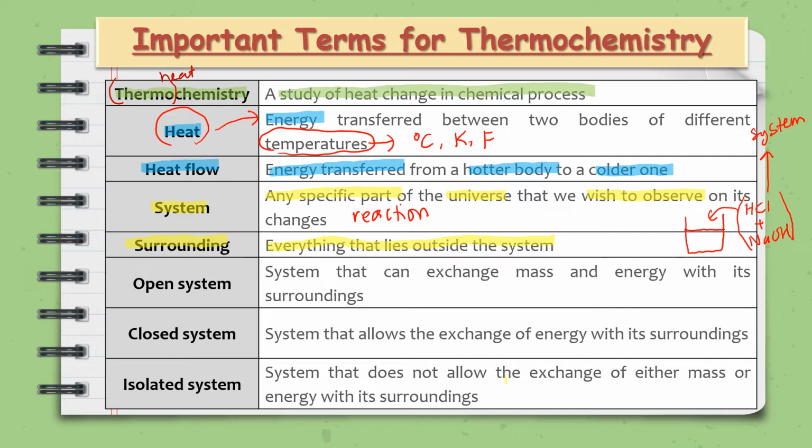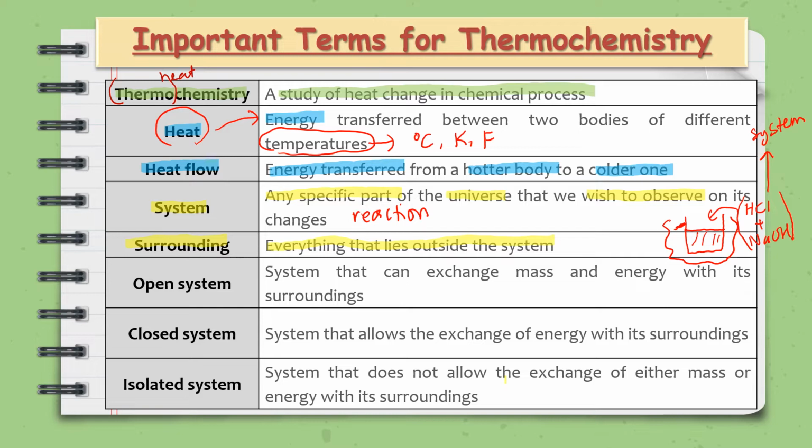This heat will be absorbed by something else, meaning it will be absorbed to the surrounding. So what are my surroundings? Basically everything besides the reaction itself. The glass beaker itself is also the surrounding. Why? Because glass can absorb heat produced from the reaction. This one we will talk about later.